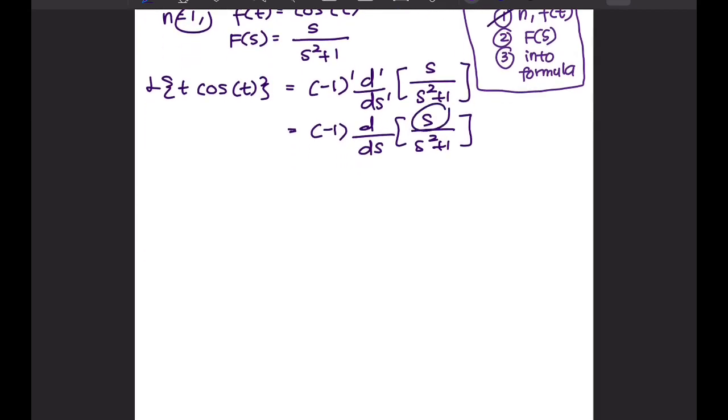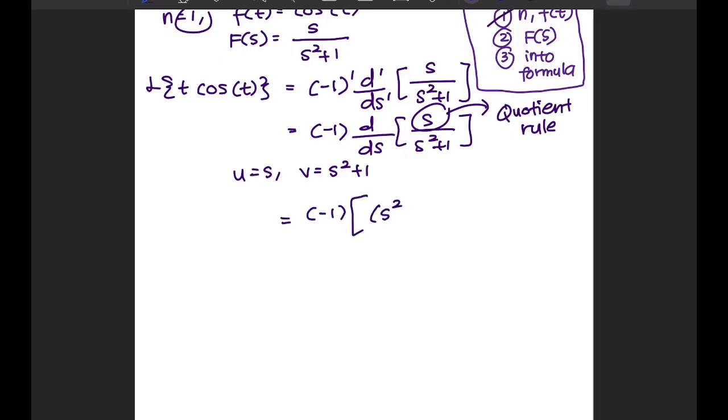Okay, look at this function of s. We have s on top. Then you must apply the quotient rule. So we have u equals s, v equals s squared plus 1, times negative 1, v u prime.